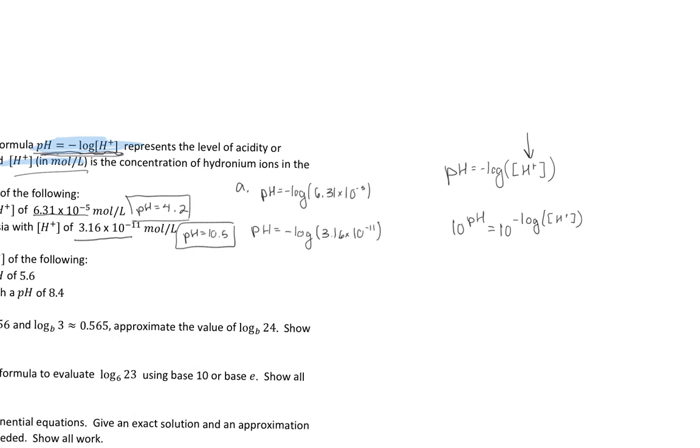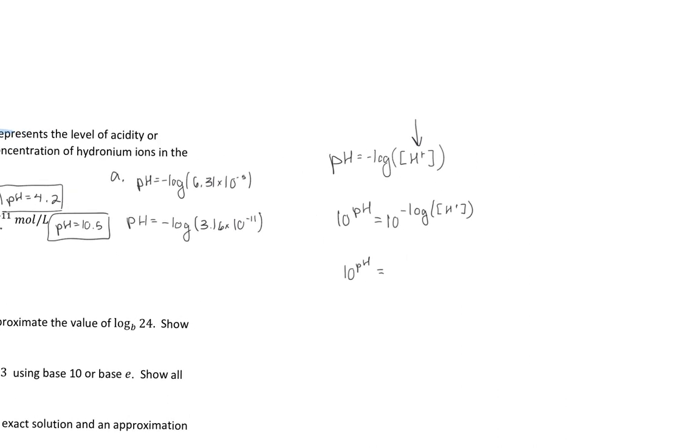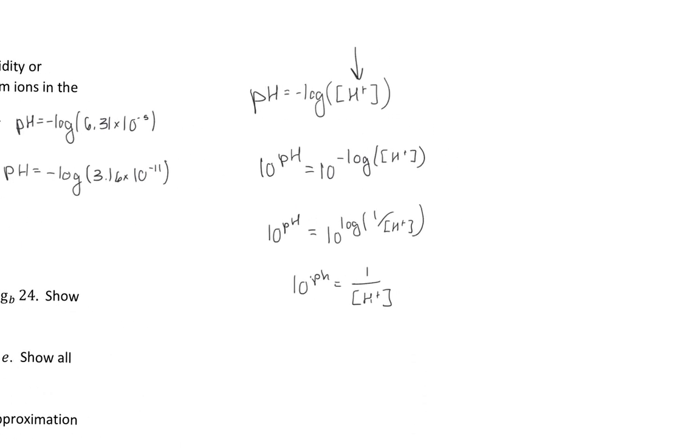So now we're going to have 10 to the pH is equal to 10 to the log of 1 over H plus, or just 10 to the pH is equal to 1 over H plus. And that, from here to here, just comes from the fact that there's an understood 1 in front of that negative.